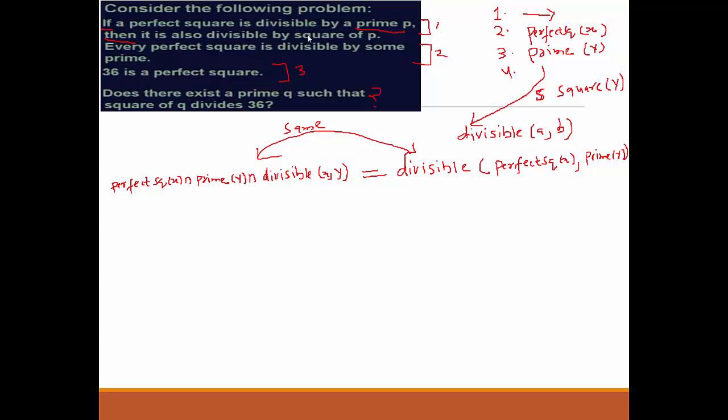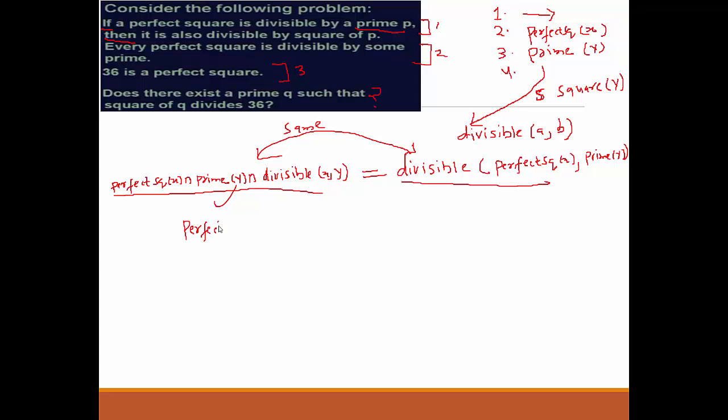If a perfect square is divisible by a prime p, then it's also divisible by a square of p. Every perfect square is divisible by some prime p. So it means that if a perfect square is divisible by prime y, then it's also divisible by the square of y. So I can represent it either with this thing or this thing, but I will choose this one. Let's write it here.